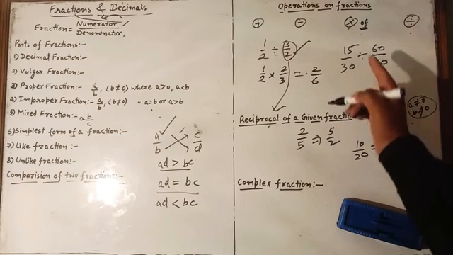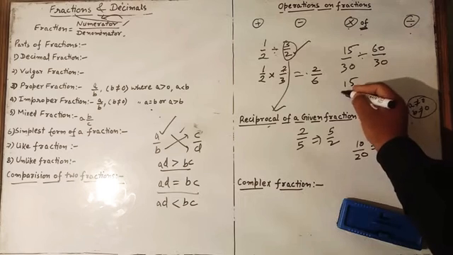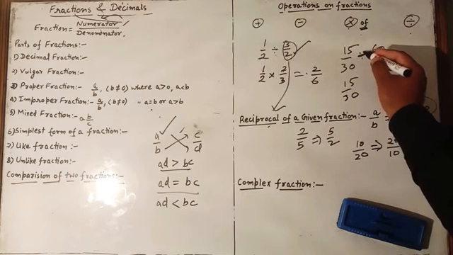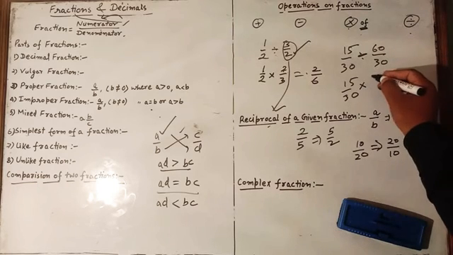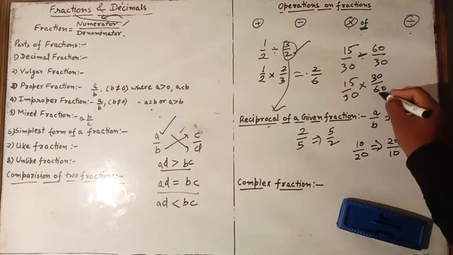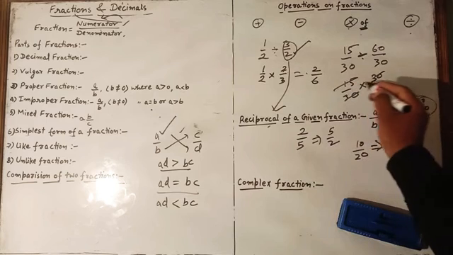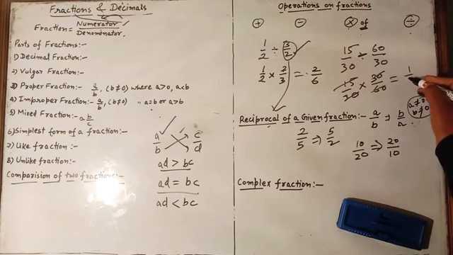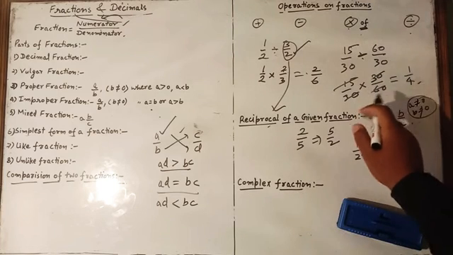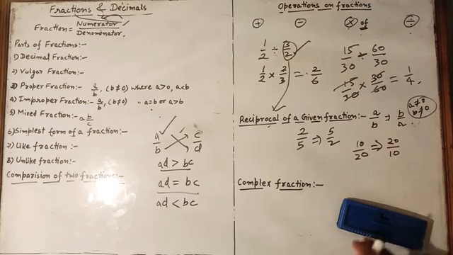How will we divide? We write 15 upon 30 the same, and in place of divide we multiply, and this one we take the reciprocal, that will be 30 upon 60. Now 30 is cancelled by 30, and 15 we will divide: 1 by 4, since 15 4s are 60. 1 by 4 will be our answer.